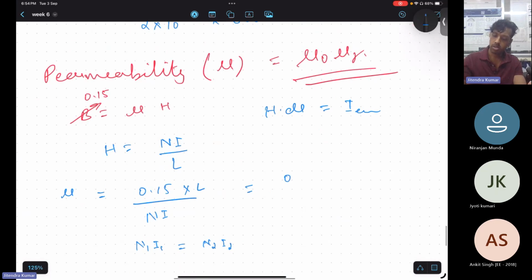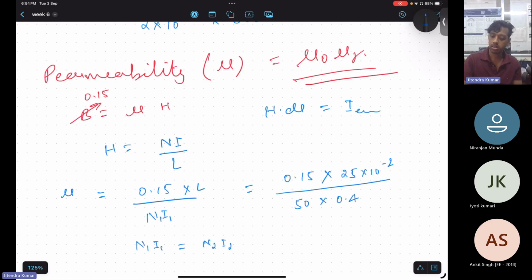So 0.15 into mean length, which is given as 25 centimeter. And I'm going to assume N1 I1. So N1 is 50 and I1 was 0.4 ampere.